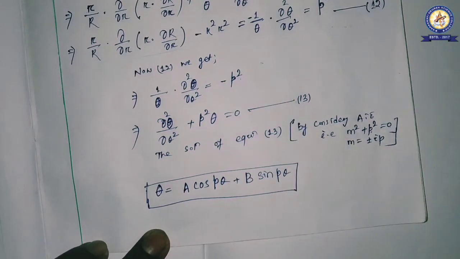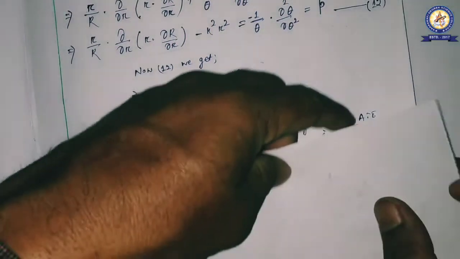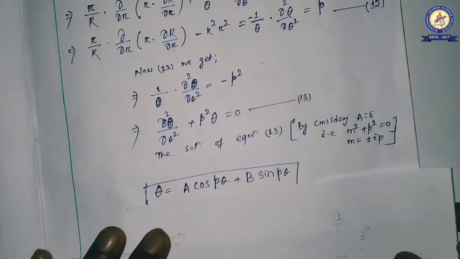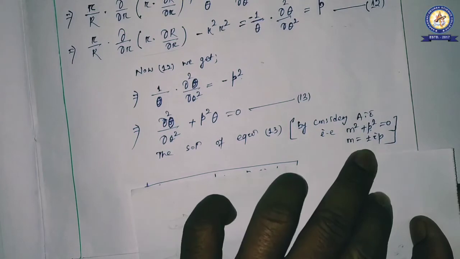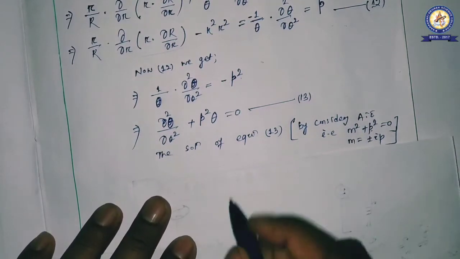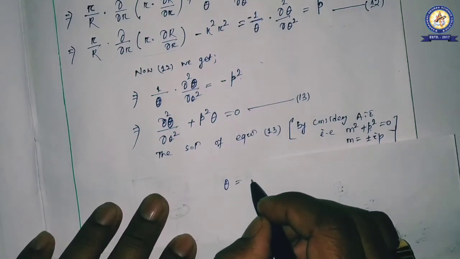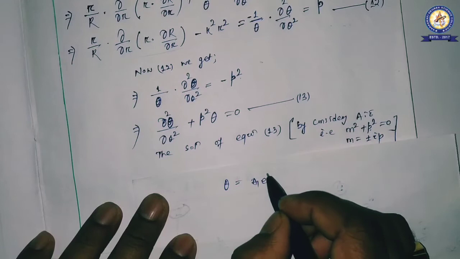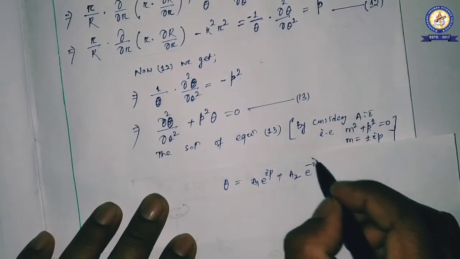Just as we have done before, you remember that if we have this type of equation and the roots are plus or minus ip, then the solution will be theta equal to some constant, suppose a1 e to the power ip theta plus a2 e to the power minus ip theta.